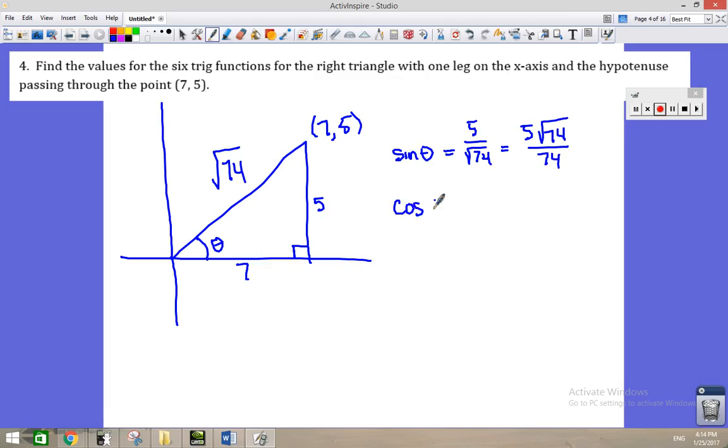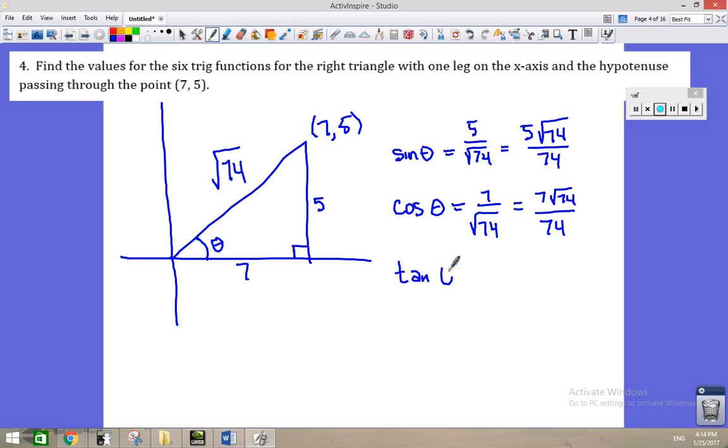All of these are going to be positive because in quadrant 1, all 6 trig ratios are positive. So I don't have to worry about signs. I've got 7 over square root of 74, and that rationalizes to this. And since 5 and 74 are prime, I can't reduce that any further.